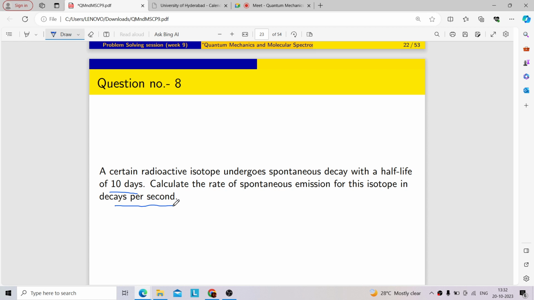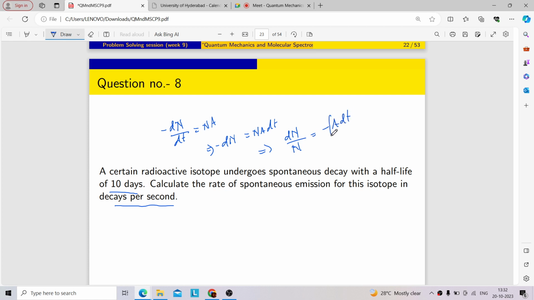Just now we told the decay rate dN over dt will be equal to N times A. Now if you solve this, minus dN equals NA times dt, or dN over N equals minus A dt.